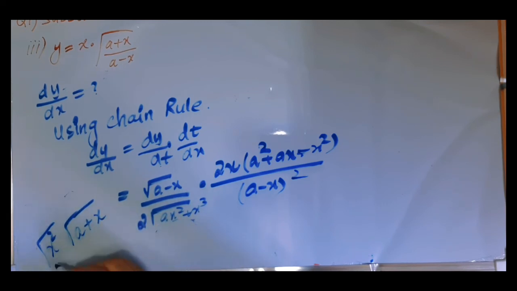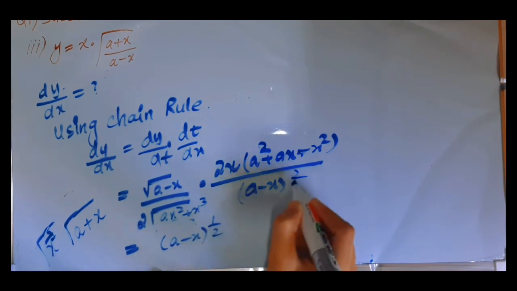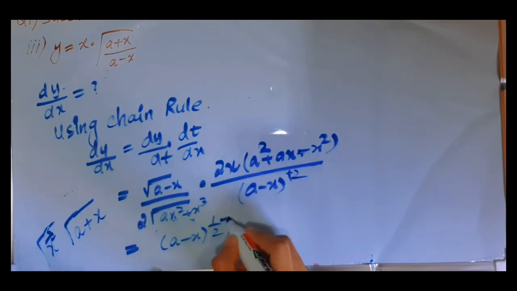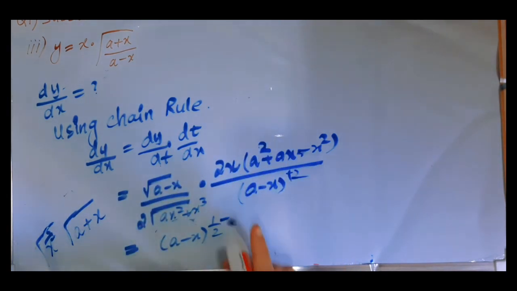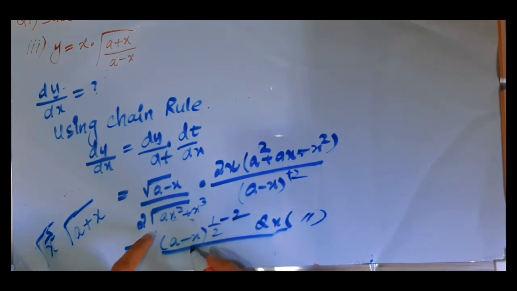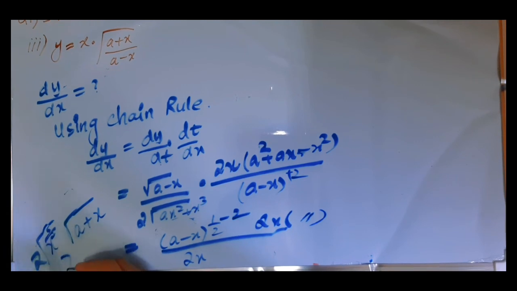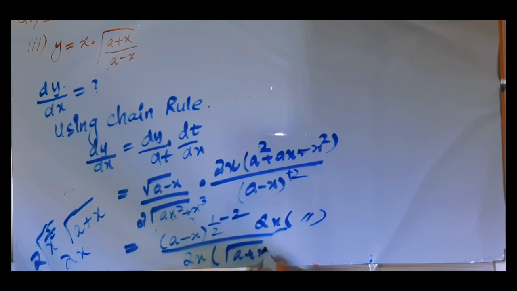So square root will be cancelled out, and we are left with a minus x with the power 1 over 2, and we have here power plus 2. When it goes to the denominator, it will be minus 2, and here we have 2x, this term will remain the same, and then we have 2x, this 2 will remain the same, and x square and root will be cancelled, and we are left with 2x with the power under root a plus x.